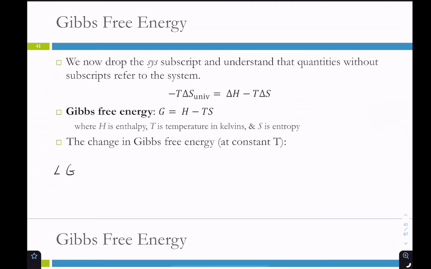So the change in Gibbs free energy is delta G equals delta H minus T delta S. And now we can drop that system subscript because all of these quantities are describing our system.